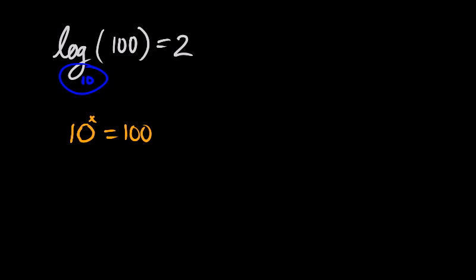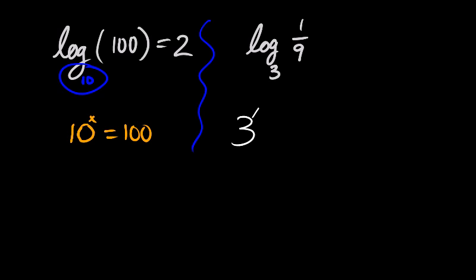Let's try a couple more, right? Let's go with the log base 3 of 1 over 9. So still going to rewrite it as an exponential. So you would take the base 3, it's going to be raised to some exponent, and it's going to equal 1/9.